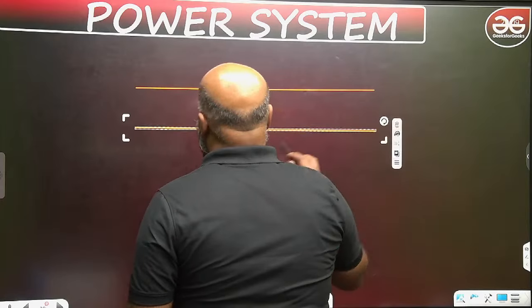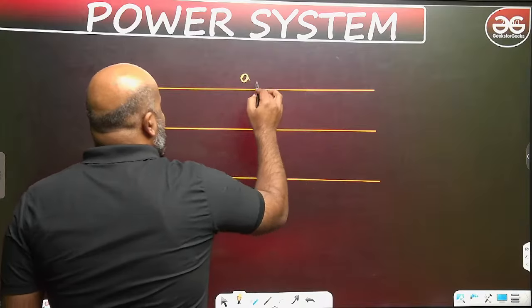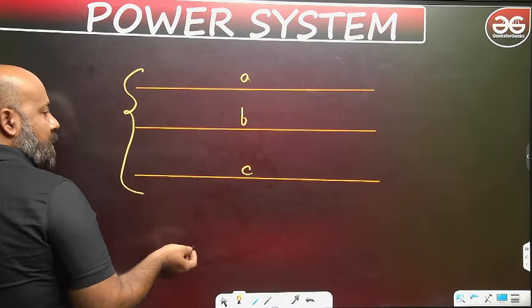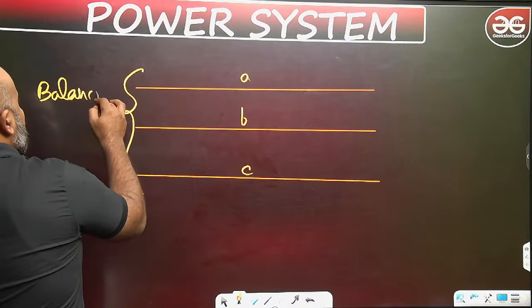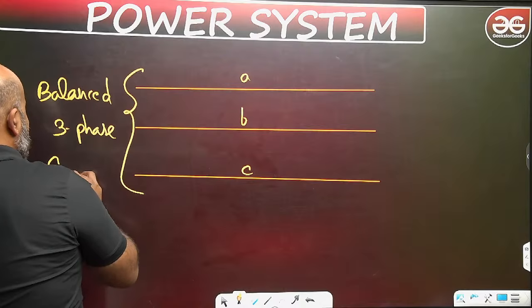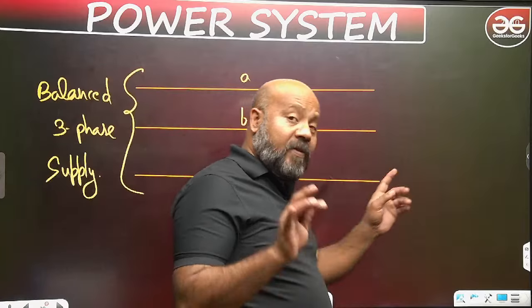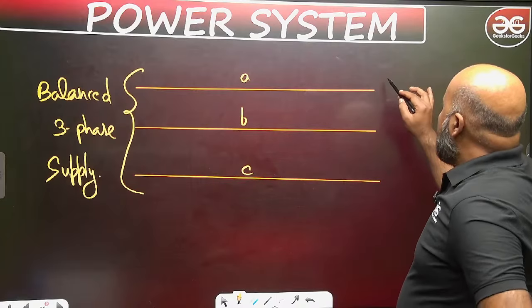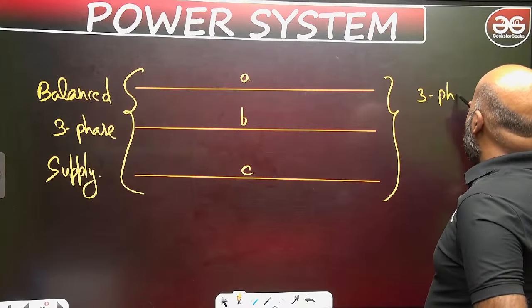This is A, this is B, and this is C. Suppose at this side you have the source or the generator, and it is a balanced three-phase supply. Suppose these A, B, and C phases are also identical in terms of their design. At the load side, the load is also a three-phase balanced load.